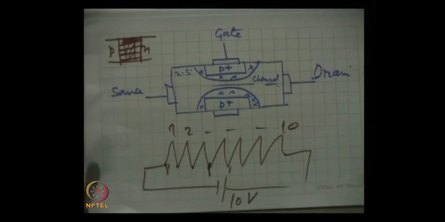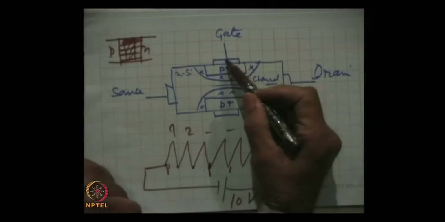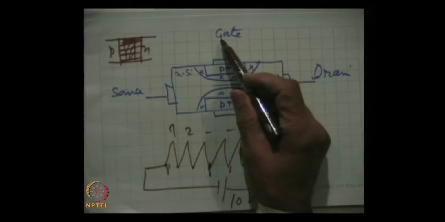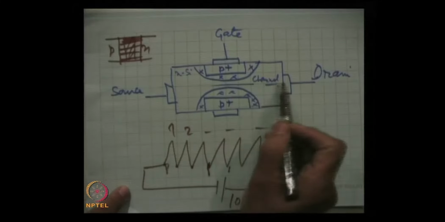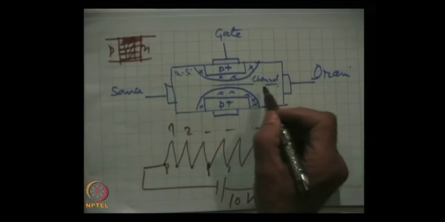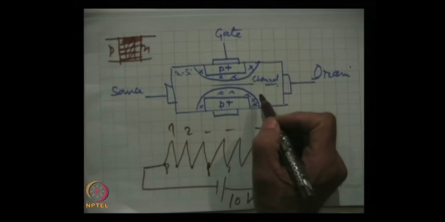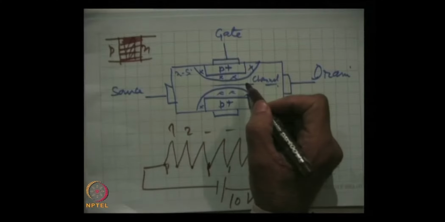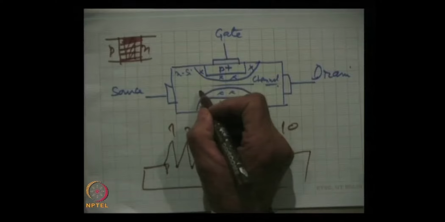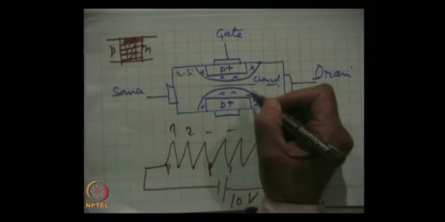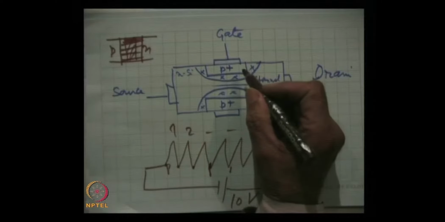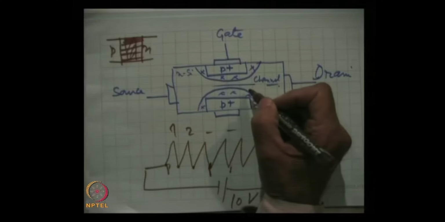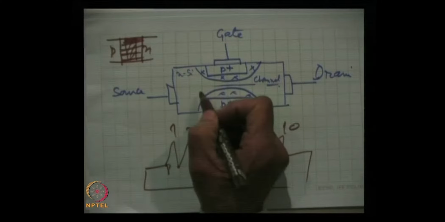Or if we keep this at 0 potential by grounding the gate, if we increase this potential, which is increasing this way, decreasing this way. So, in this region, in the drain, now very important, in the drain region the depletion width will be larger than in this region, for the simple logic that in this region closer to the drain, the PN junction is more reverse biased as compared to this region.